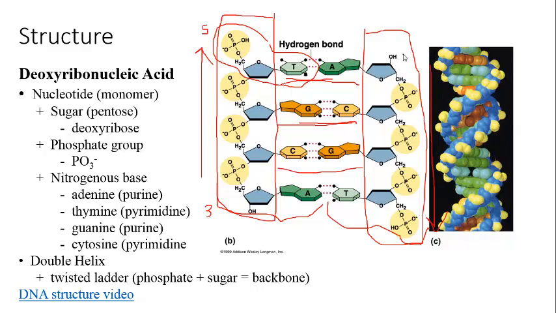So then that means that this would be the 3' side, this would be the 5' side. So one's running 5 to 3, one's running 3 to 5. This is going to play an important role when we look at the process of DNA replication. This DNA ladder that's anti-parallel gets twisted around and it forms a DNA double helix.